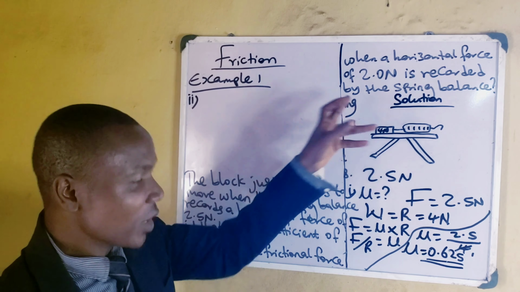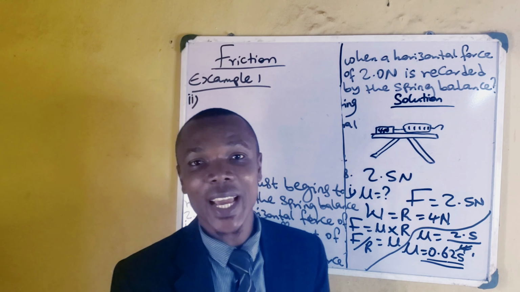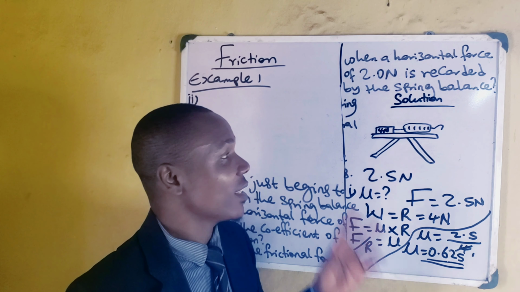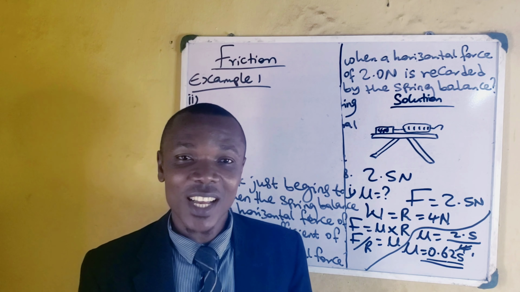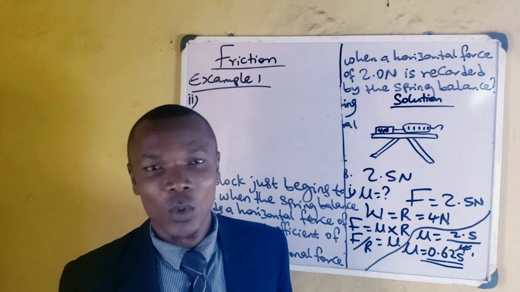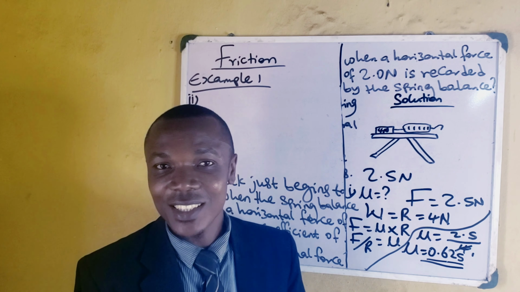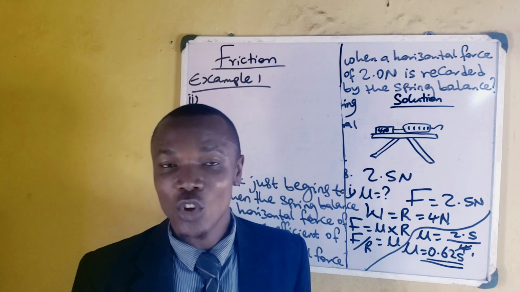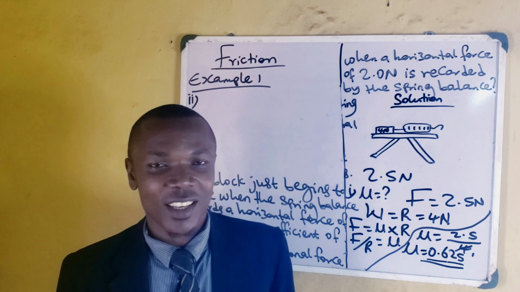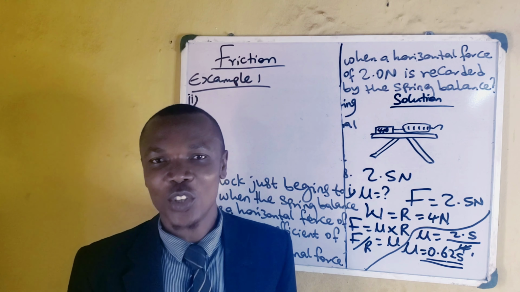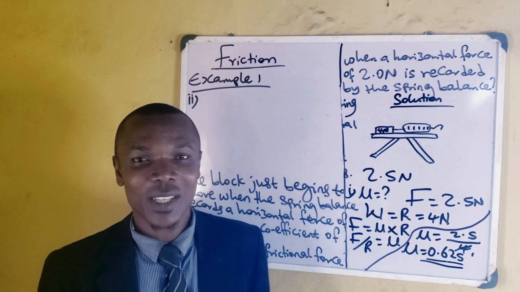Is it clear? So what actually happens is that if you supply anything less than the static friction, the object will also counter-supply the same amount of force in the opposite direction. That is the friction, in order to balance it without allowing it to move.